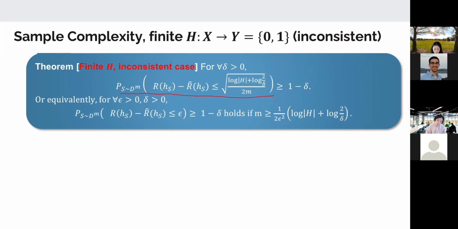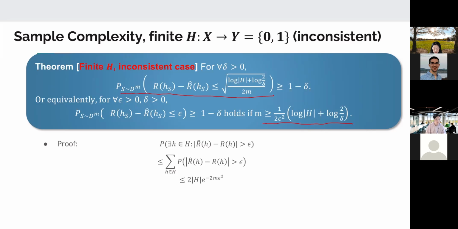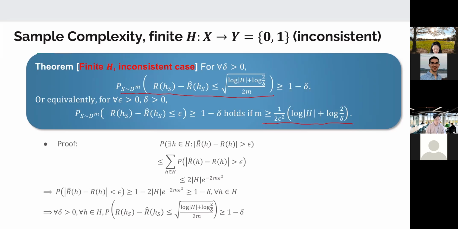Equivalently, you get the sample complexity, which is 1 over 2 epsilon squared times (log cardinality of H plus log 2 over delta).